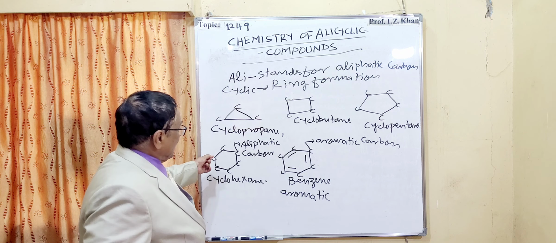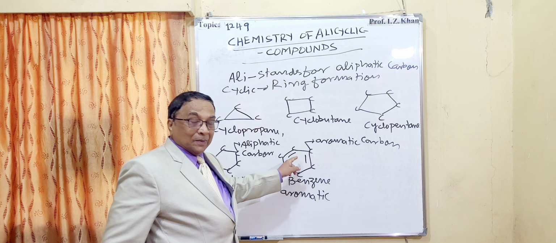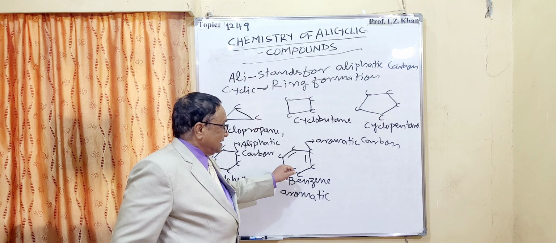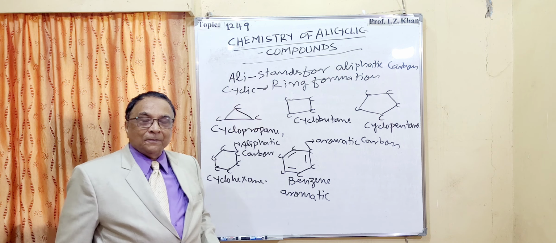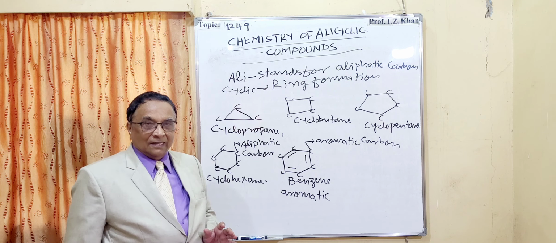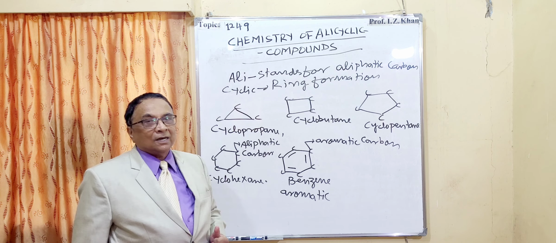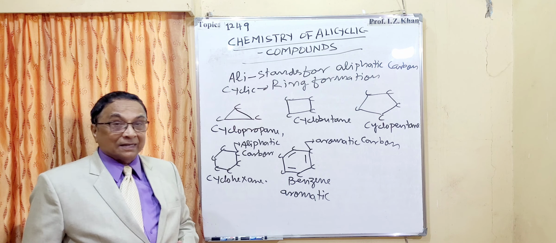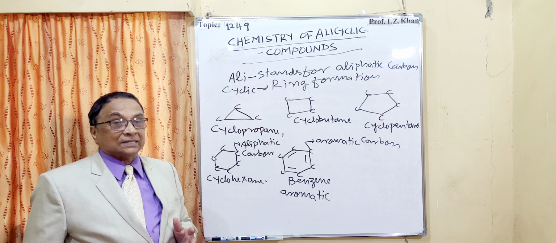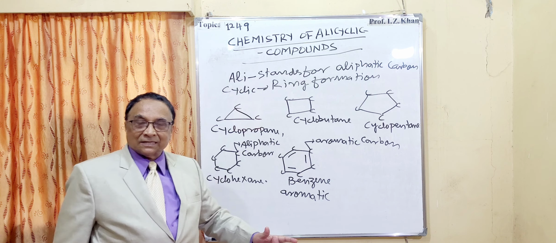So if we see here, in the case of aliphatic carbon, there is no any such type of double bond, but they are not pure double bond. These two are not pure double bond, because in this case, if it is double bond, means the bond angle should have been 120 degree, or if it is single bond, then bond angle of tetrahedral should have been 109.5 degree, but it is not 109.5, rather than it is 136 to 137 degree angle, and it is neither single bond nor double bond.